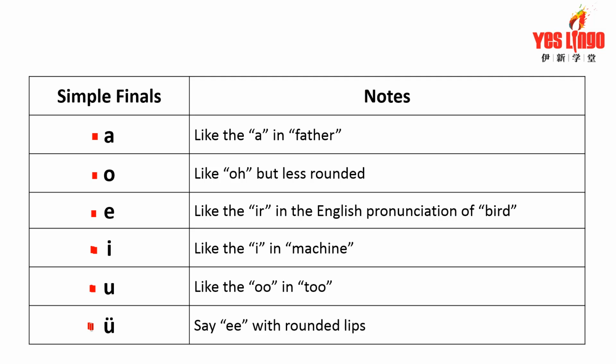Start by saying E. Now slowly round your lips. E. Did you see that? The final sound you end up making is this vowel. Again, if you have trouble pronouncing it, start by saying E and slowly round your lips until you make this sound.